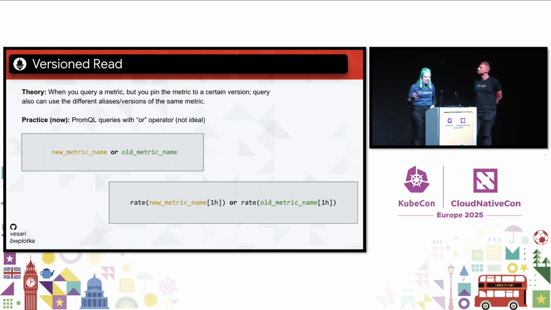Or you could even, in a very naive way, use label replace on the name, because name under the hood is a label itself, a special label, but still a label, and do something a bit unorthodox, probably, like label replace, old metric name, new metric name, old metric name, something like that.